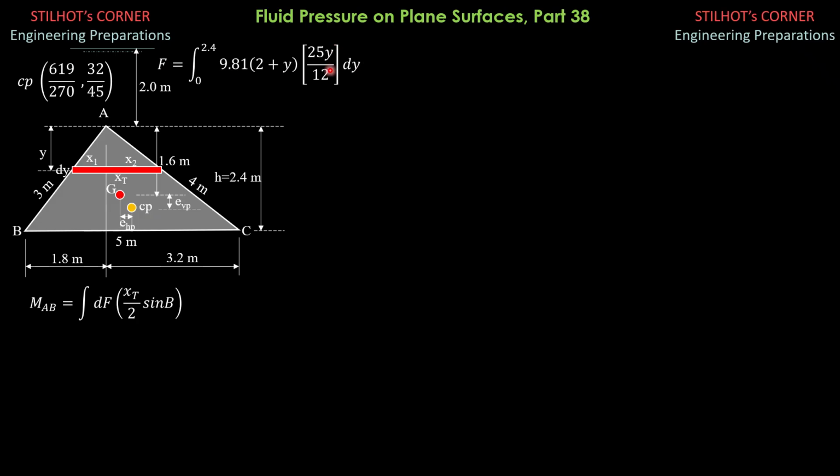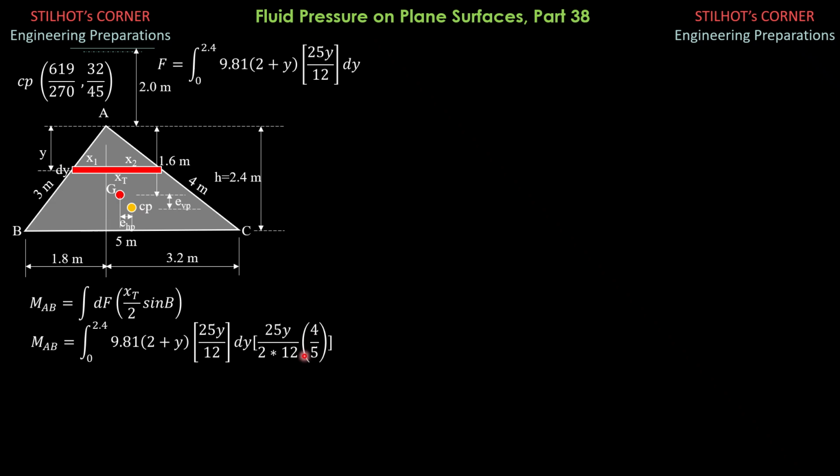This is df, so we copy that. Then times xt, which is 25y over 12, divided by 2. Sine beta is 4/5. So MAB is the integral from 0 to 2.4. Copy this whole thing, then dy, that's df. And this is the extension xt, 25y over 12 over 2, then sine of B, 4/5.